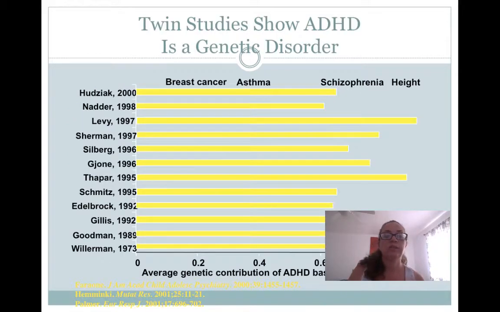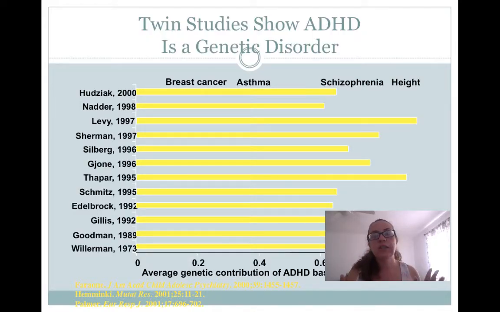Now, ADHD has been shown to be genetic. So you can see in this chart, the yellow bars are the correlation coefficient for genetics and ADHD, meaning that the two are associated. So if you have certain genetics, you have a likelihood of having ADHD.